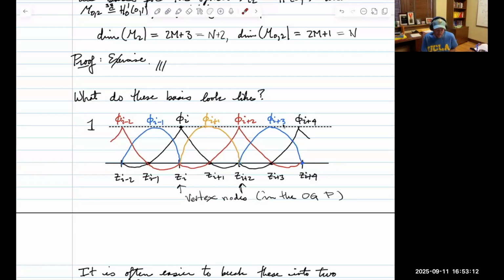Again, I argue that function definitely satisfies the criterion because it is a quadratic function. It's just an upside-down parabola. What about for this guy? Same argument. It's got to be 1 at the midpoint node. It's got to be 0 at these two neighboring vertex nodes, and it's going to be 0 everywhere else.